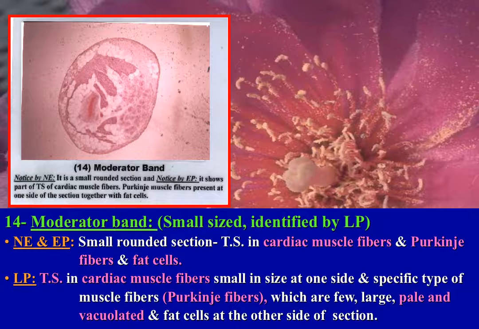By the naked eye, a transverse section of the moderator band is a small rounded structure. By the eyepiece, it shows part of cardiac muscle fibers darkly stained at one side and Purkinje muscle fibers together with fat cells lightly stained at the other side.